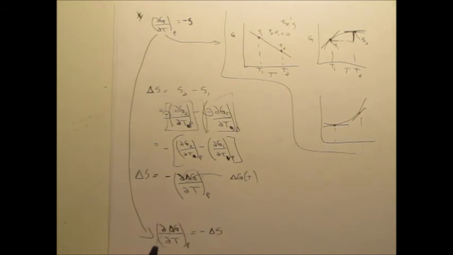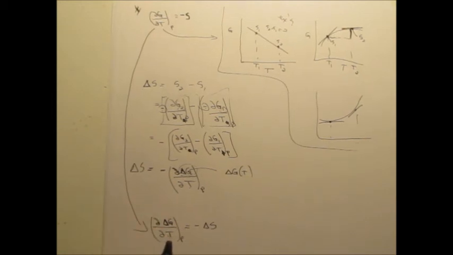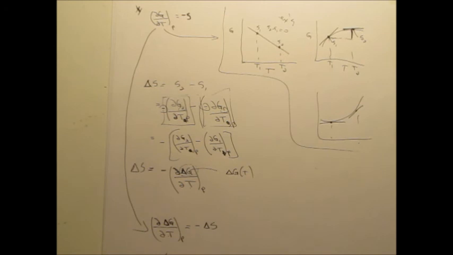So if someone finds that the delta G is a function of T, you can take the derivative with respect to T and it will give you the delta S of the reaction. So long story short, I think this shows you what you want to do. You have an expression right here, so you're going to take the derivative of 85.40 plus 36.5T.